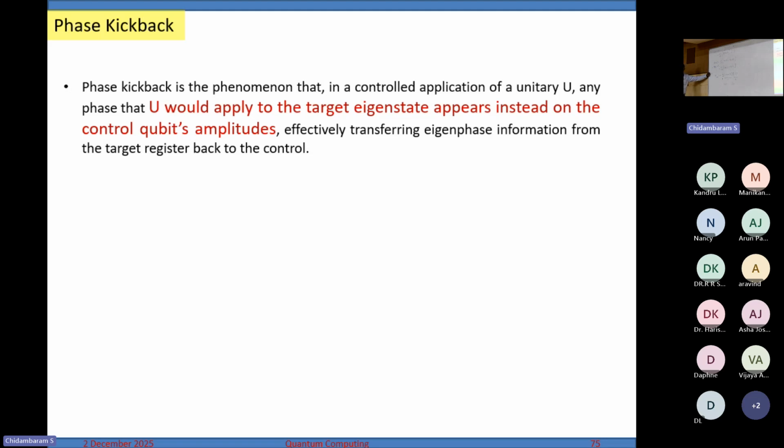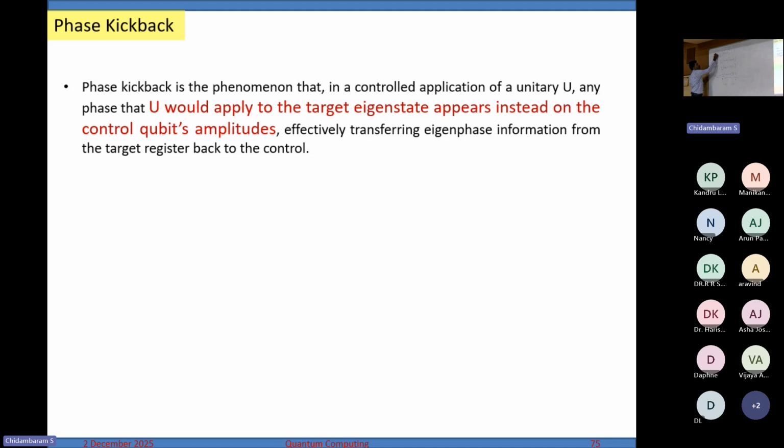It's an interesting phenomenon in quantum computers where, when you apply the operator, the target eigenstate, instead of getting affected, gets reflected on the control state or control qubit. Let us see how it happens.